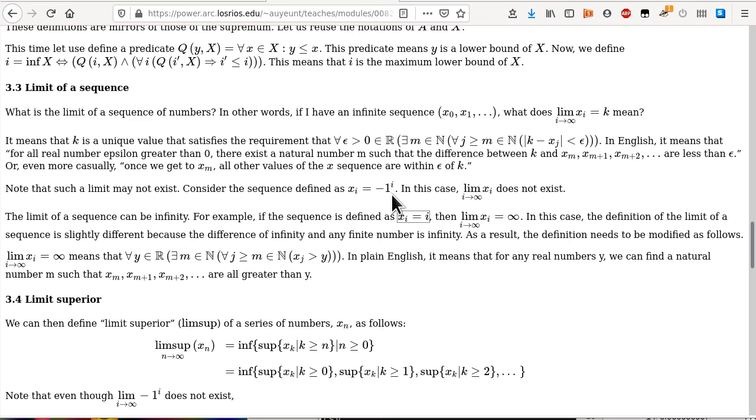So it's just alternating between negative 1 and 1. In this case, there's no limit value because the sequence does not converge to a particular value as it goes further and further away. It keeps oscillating without the oscillation diminishing in any way. Is that okay?